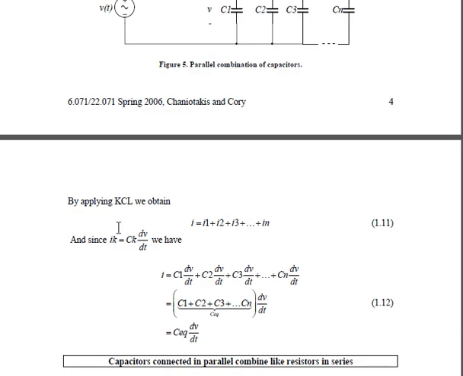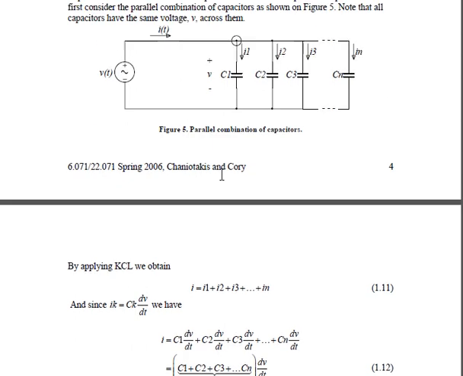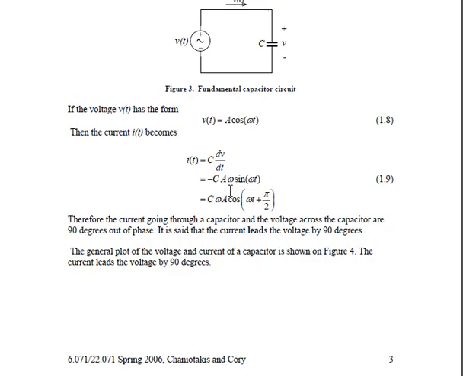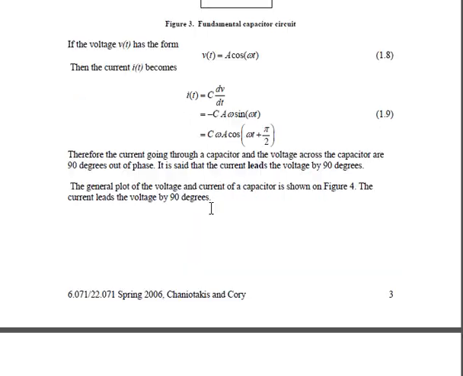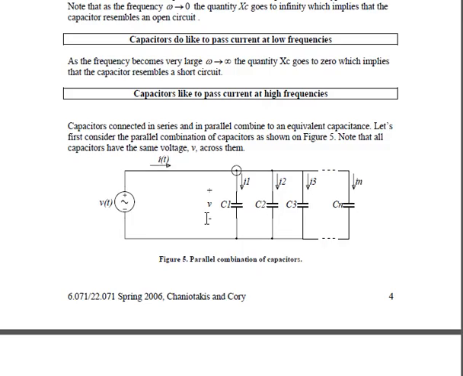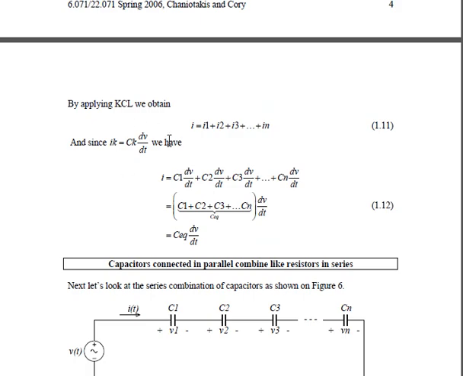By using the expression of the current across the capacitor that we have just derived, I sub k is equal to C sub k dv over dt, we substitute that one and we now have this.